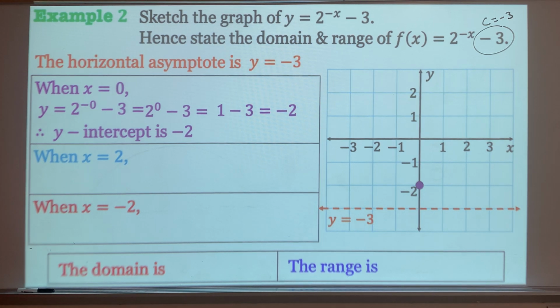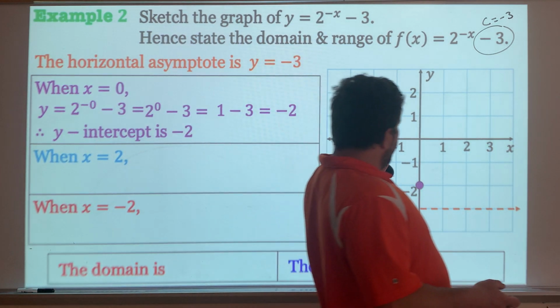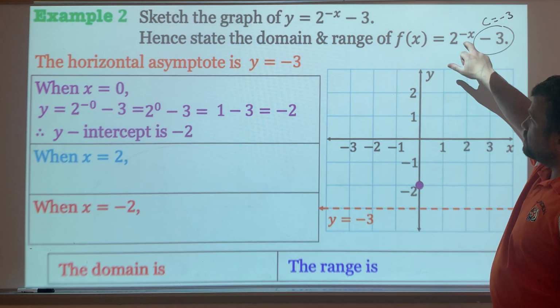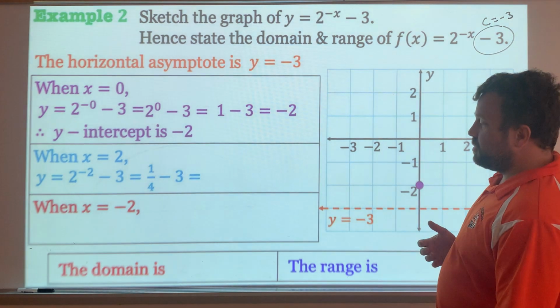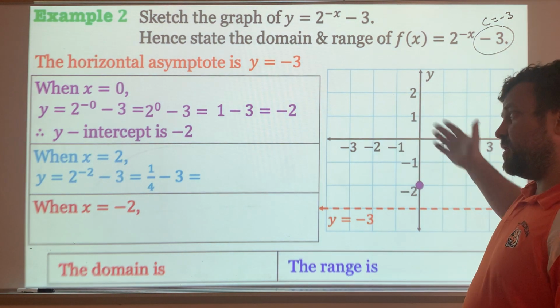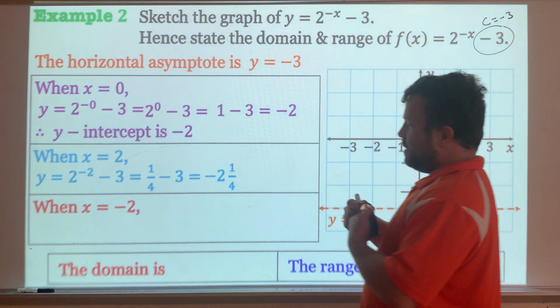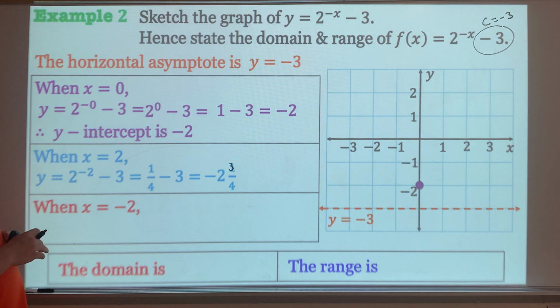We've got our y-intercept. Now we're going to find 2 more points. It's always good to find one on each side of the y-intercept. So plug 2 in there. 2 to the -2 minus 3. 2 to the -2 is 1 over 2 squared, which is 1/4, minus 3. 1/4 minus 12 over 4 is -11 over 4, or -2 and 3/4.